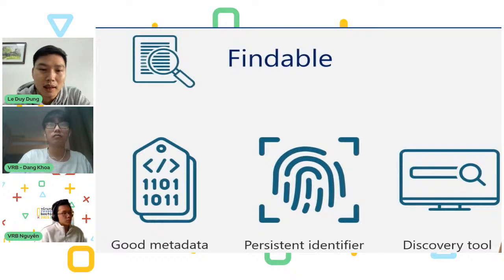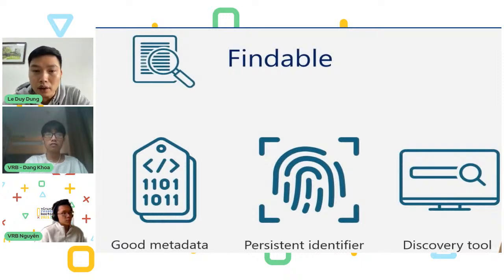Findable means that your data management should be efficient, and you should provide good metadata. You should have a persistent identifier, because when you have good metadata, people can find it more easily. And if you have a persistent identifier, let's say a DOI or another form of identifier, then people can discover the data more efficiently using some discovery tool, such as a search engine.